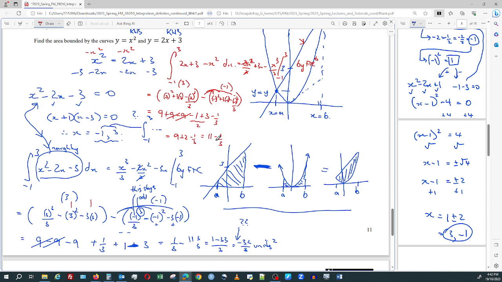Oh my goodness gracious. 3 over 3 is going to be 33 on 3, minus 1 on 3 is 33 minus 1 on 3, which is 32 on 3 units squared.